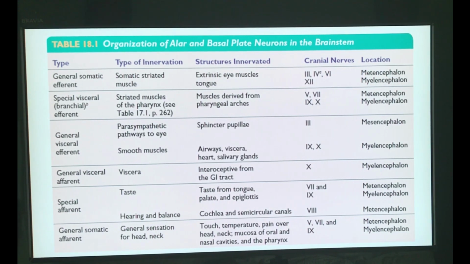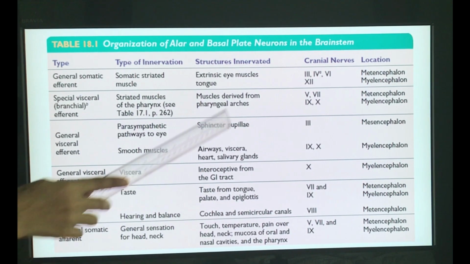The hypoglossal also supplies the muscles of the tongue, so it is also categorized under general somatic efferent. Generally they supply striated muscle and are motor in function.